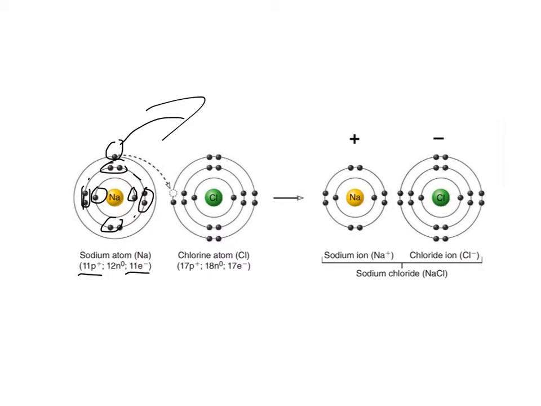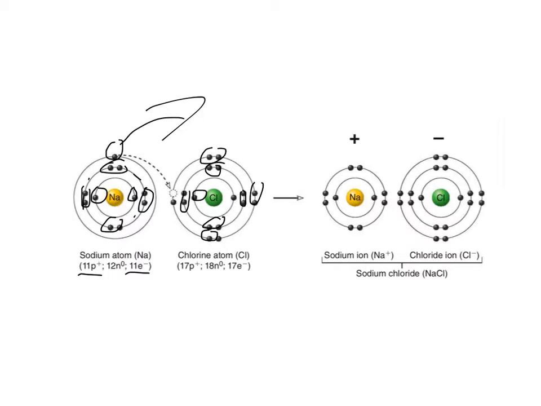So what happened? It sees an atom of chlorine. Chlorine, if you notice, will have 2 in the first energy level, 8 in the second energy level, and it has 7 in its outermost energy level. It needs 1.